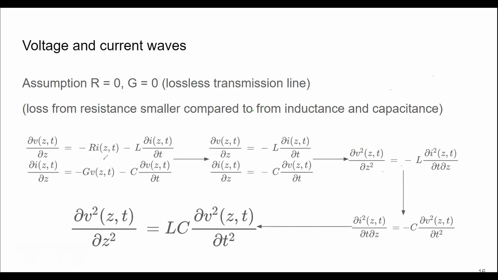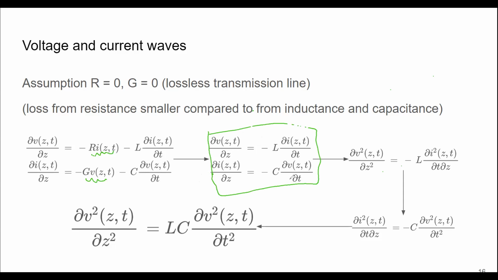Once we substitute R equals 0 and G equals 0, these terms will be 0, right? We are only left with the minus L times ∂I/∂t, and for the current equation, we are left with only the minus C times ∂V/∂t. So we are left with these two equations once we substitute R equals 0 and G equals 0.